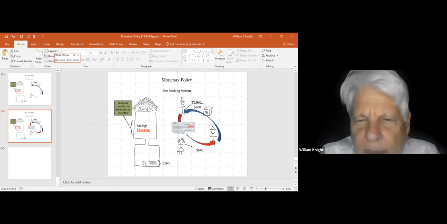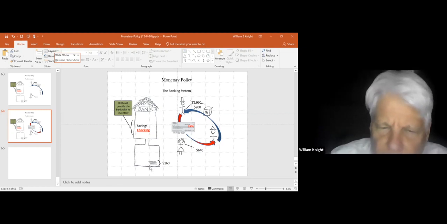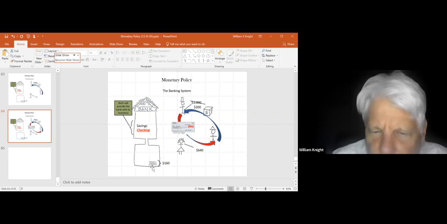And this system of banking is called the fractional reserve system. It's called the fractional reserve system because you will notice that only a fraction of the bank issued money is backed. There's potentially $800 in bank issued money, actually this guy deposited 800 in, but it's not backed dollar for dollar with government issued money.